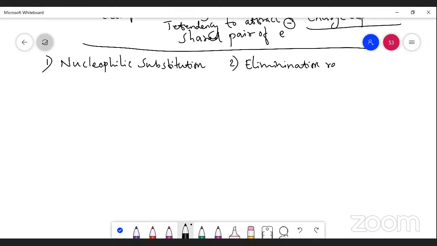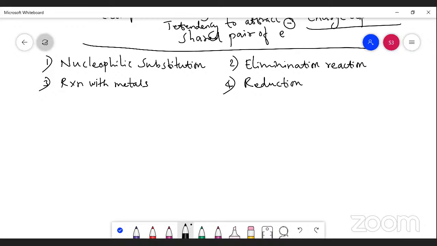Third, reaction with metals. And fourth, reduction. We are going to discuss the chemical properties of haloalkane in 4 days. We will deal with the 4 reactions.